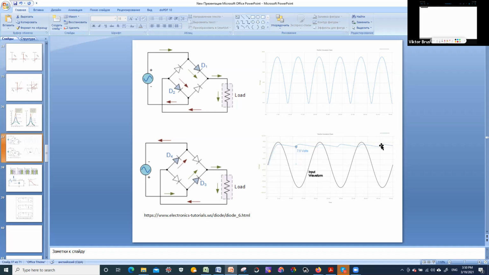So these are the basic principles of the transformer, rectification, and filters. These are the key electronic components of each power supply.